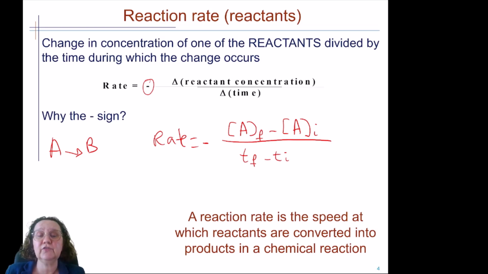It cannot be negative. But when you define the reaction rate with respect to a reactant, because the reactant is being consumed in the reaction, the concentration of the reactant A at the final time will be smaller than the one at the initial time that you started measuring that rate. So you need that minus sign to make sure that the rate is going to be a positive number.